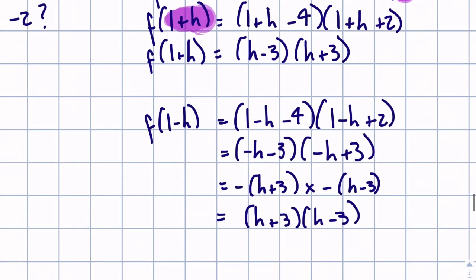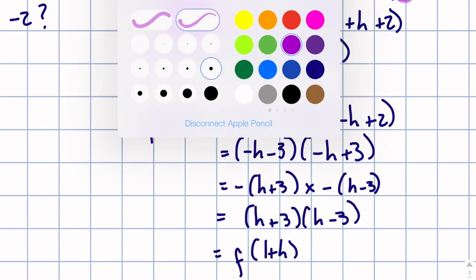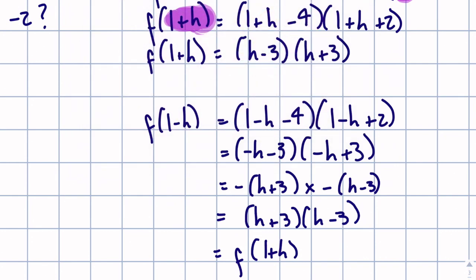I think they actually equal the same thing. So what I just did, it may have seemed very confusing. When I had my negative h take 3, then I could take the negative out the front and it just left me with h plus 3, yeah?